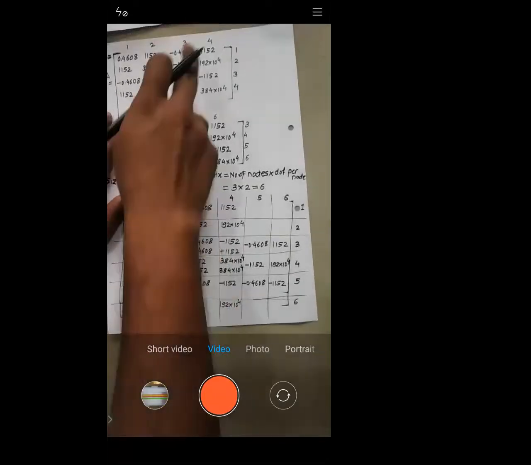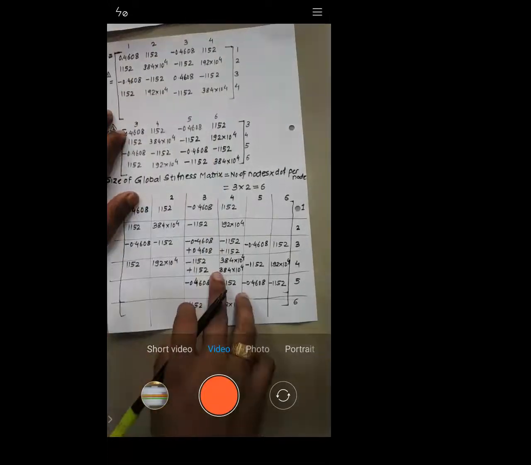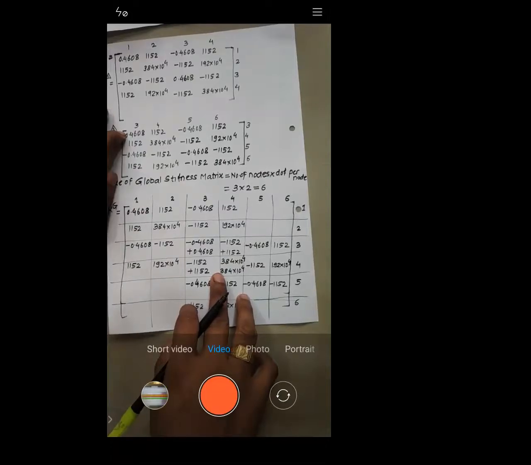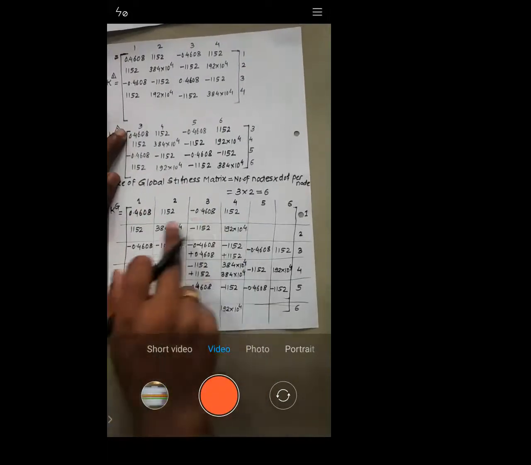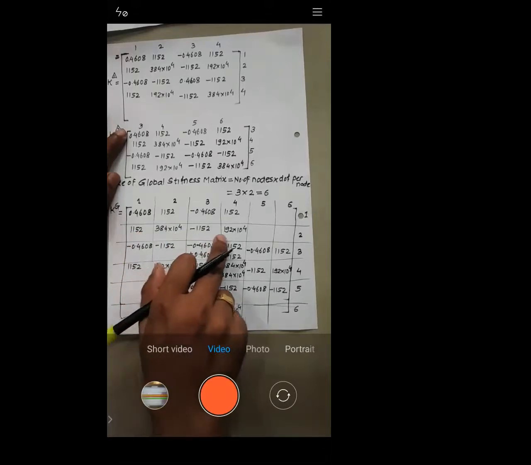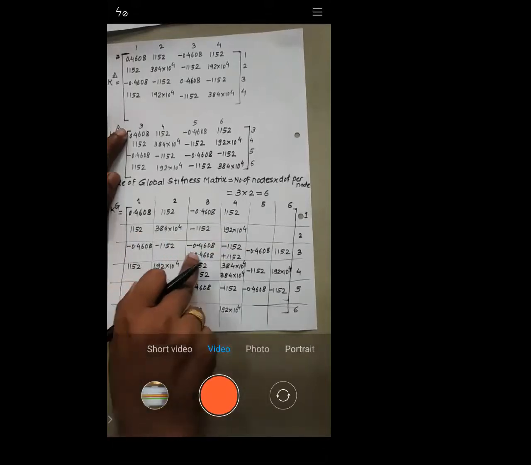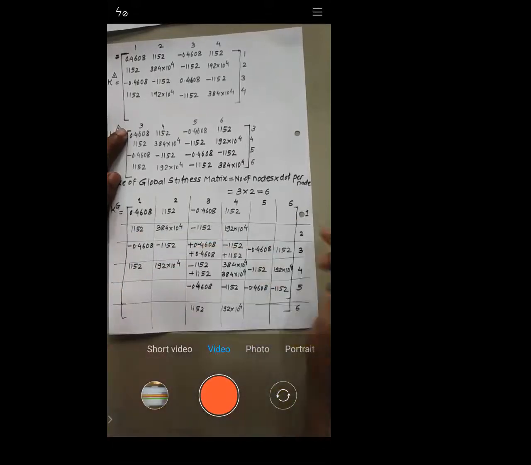This is coming from this matrix. Sir, that is positive. Which value are you talking about? Let me check. Element 1, third row. Understood. Yes, sir. This value, right?